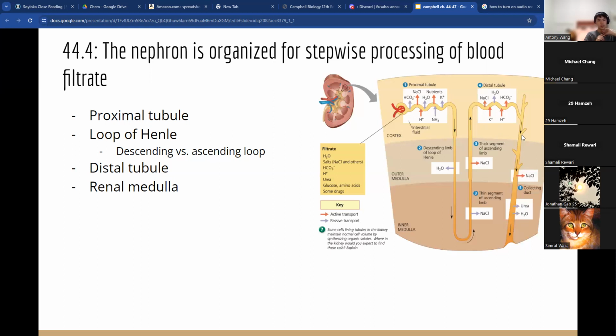So there's a system that allows you to get one but not the other. So sometimes this has medical significance. And then a bunch of things, and then down. So it goes proximal, loop of Henle, then to distal, then through the collecting duct.